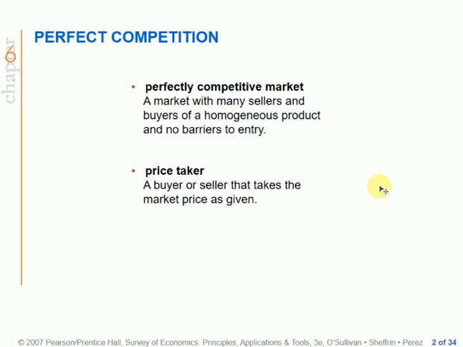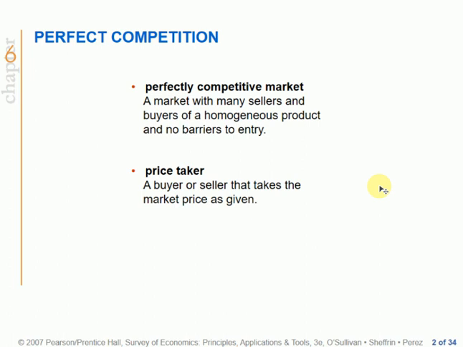But maybe the most important characteristic of a perfectly competitive market is that both sellers and buyers, taken individually, are price takers. They take the market price as given to them.